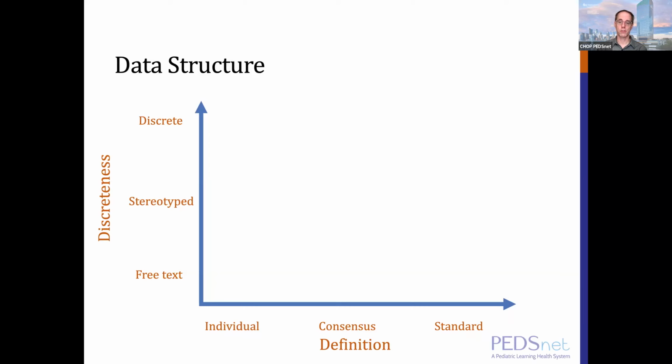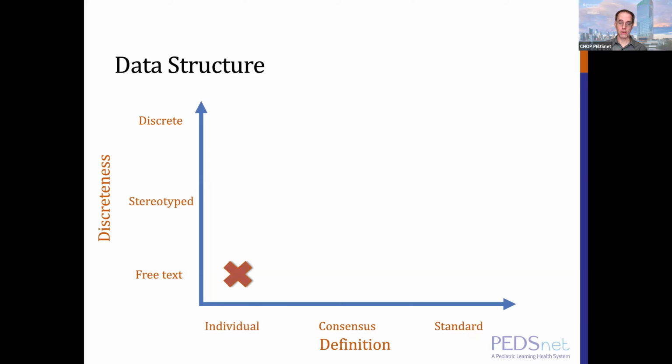So when doing research, ideally, we want to be up in this upper right-hand quadrant where we have data available. Those data are discrete, so we can tell one time or one type of fact from another. And the understanding of what those data mean is common across settings, so that if the data are from one institution or another institution, we may have some formatting questions to address, but we're pretty clear on the content of what we're dealing with.